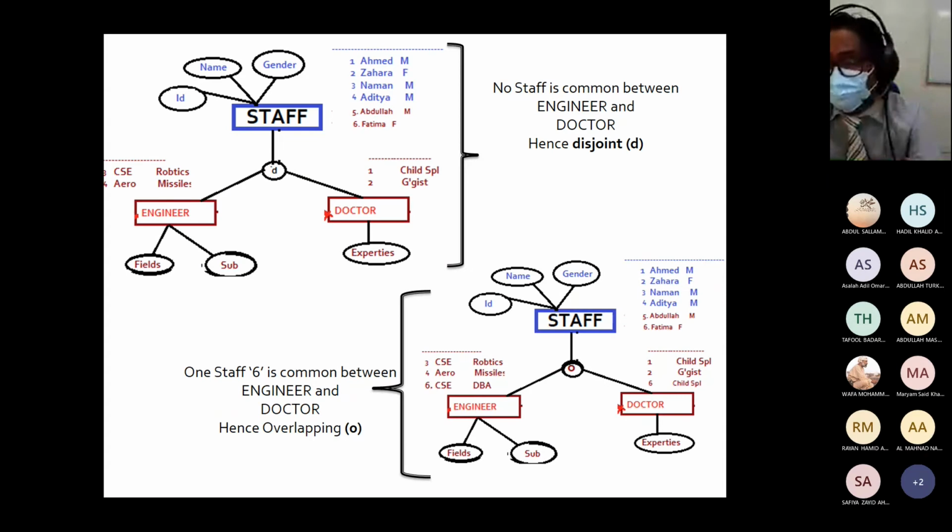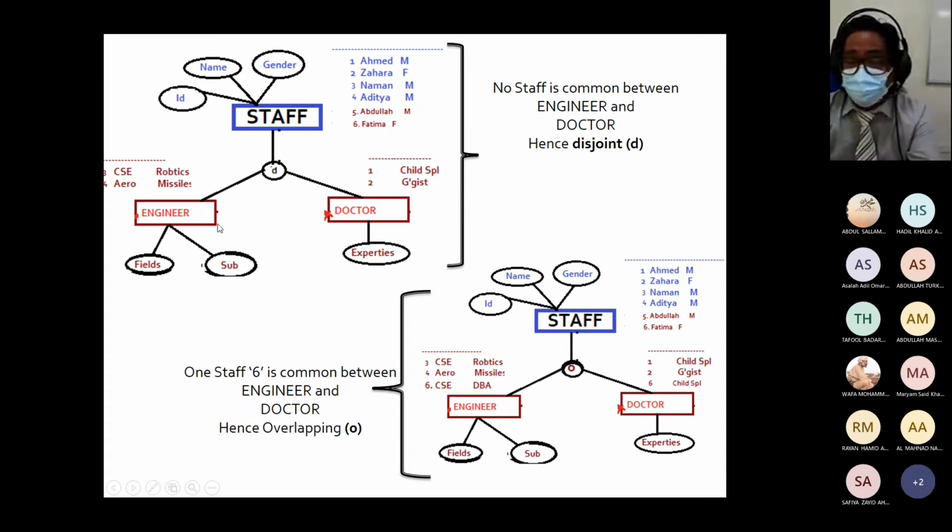Actually, I have already mentioned this: there is nothing in common between the engineers and doctors, hence they are all disjoint. But then, suppose here Ahmed, Sarah, these are the staff, by the way, and it wasn't shown here who are the engineers and doctors.